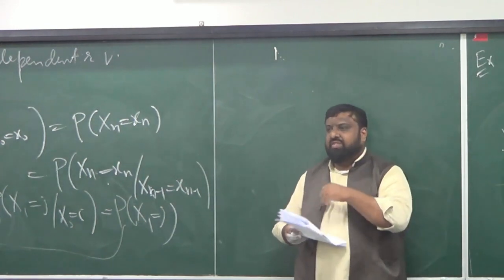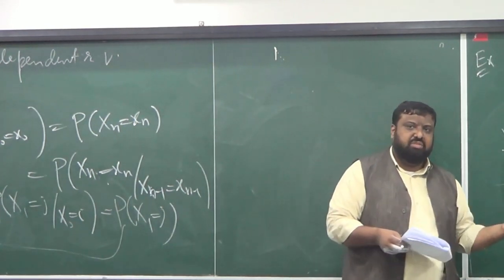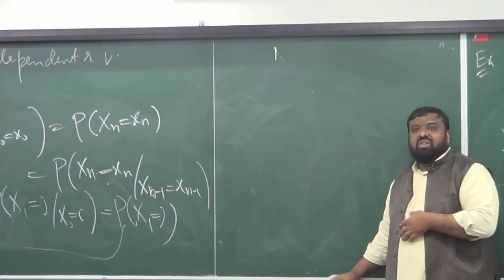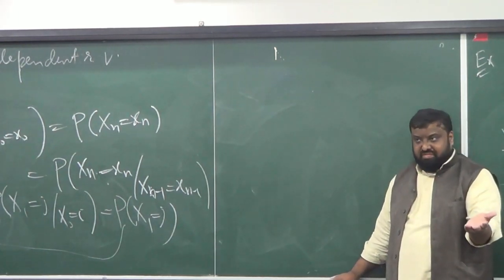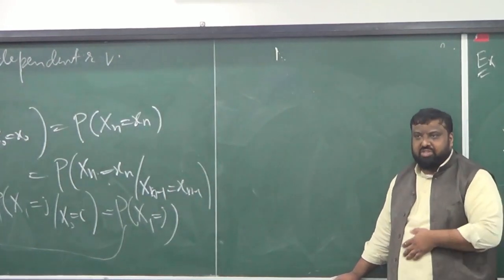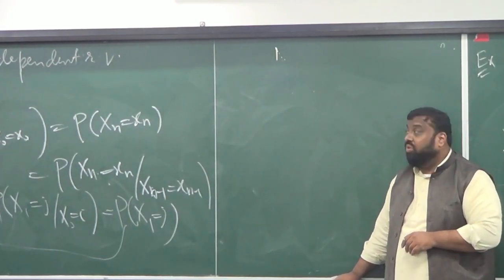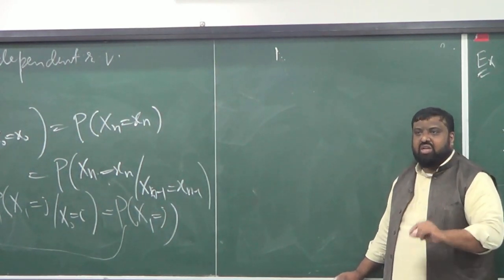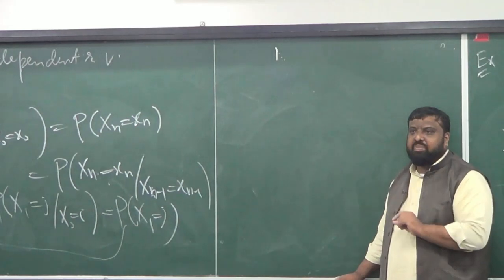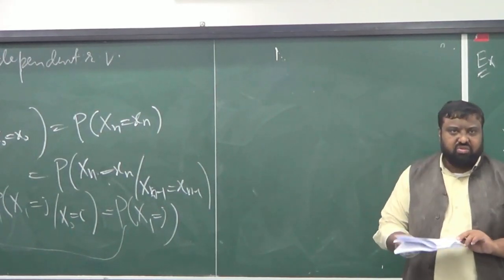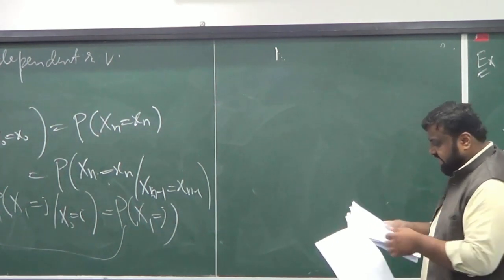You can fetch a lot of information about the chain from the transition matrix, especially you can talk about the future state of the process. And what was the key thing that allowed us to do all those things? This Chapman-Kolmogorov equation. That allowed us to do very interesting things.